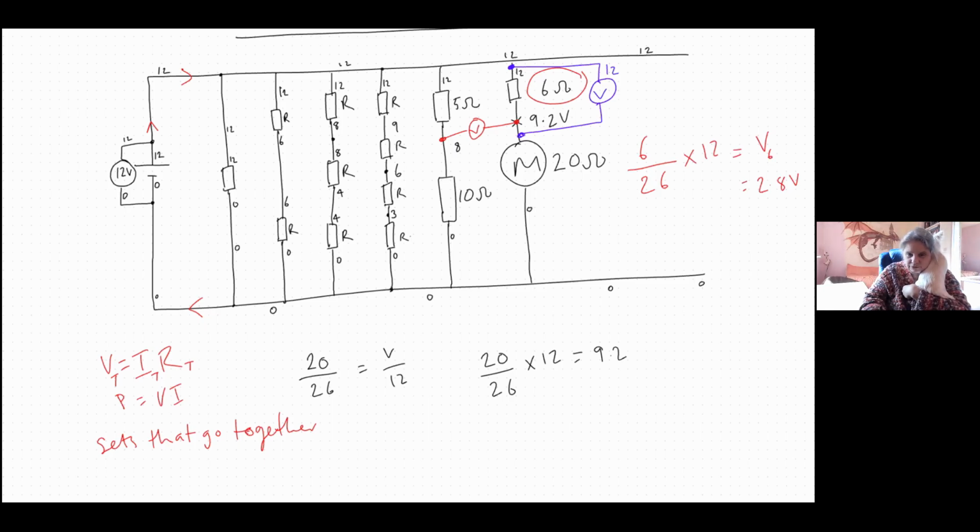The difference is 2.8. 12 take away, well, it's actually 9.2, isn't it? 12, take away the 9.2 is 2.8. So that gives you the potential difference across that 6 ohm resistor. So now we can work out what the potential is between the 20 ohm motor and the 6 ohm resistor, and it's 9.2 volts.